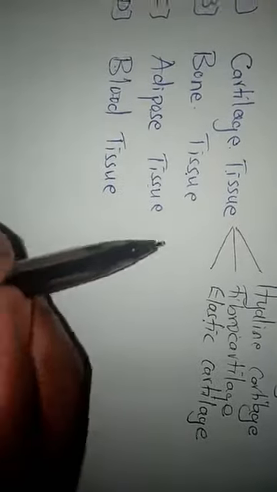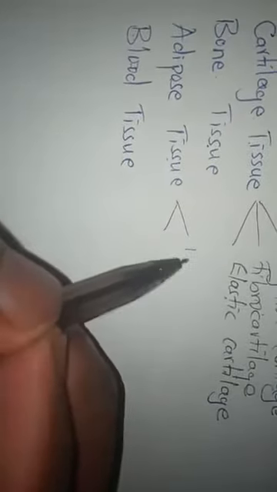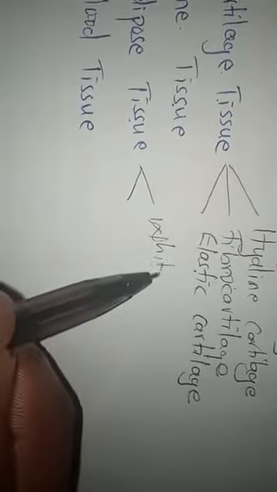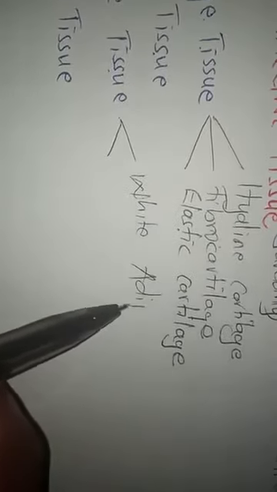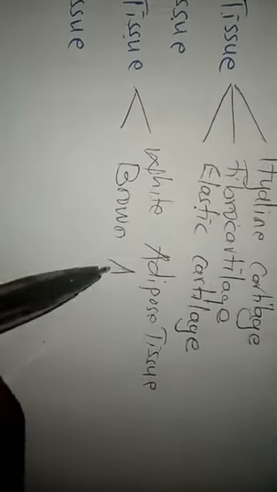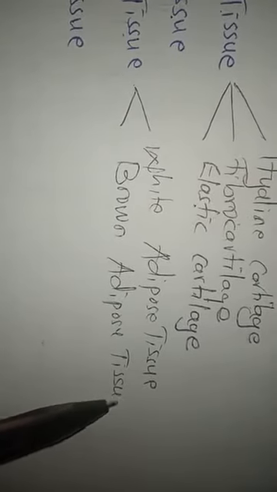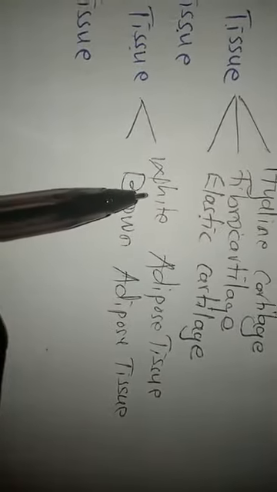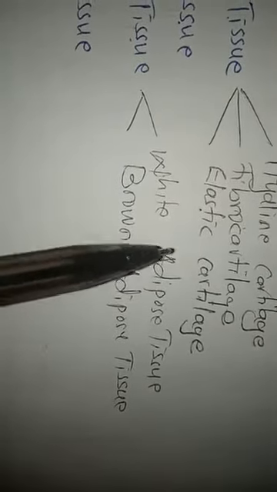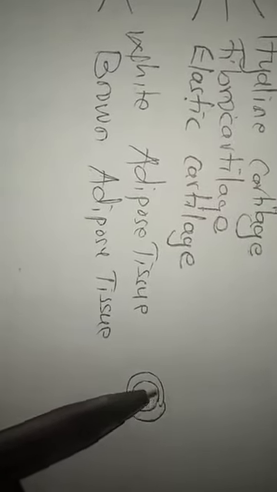In adipose tissue, you can find two types: the white adipose tissue and the brown adipose tissue. Just giving a rough overview of white adipose tissue: it has a single lipid droplet.